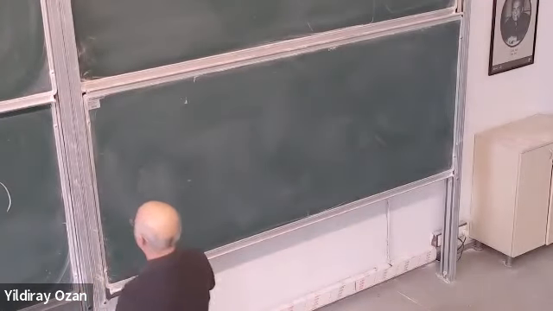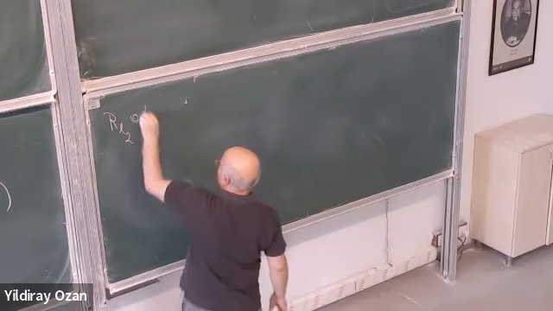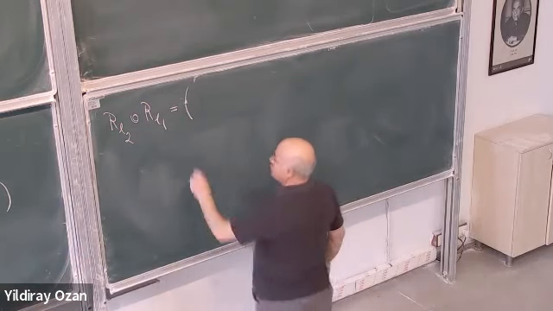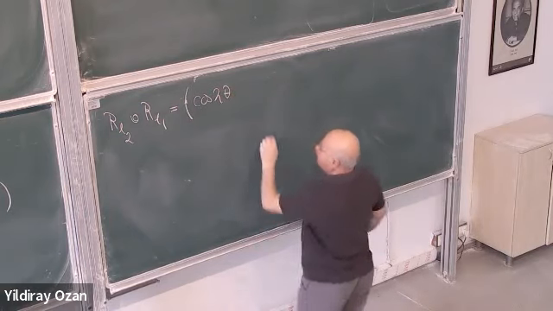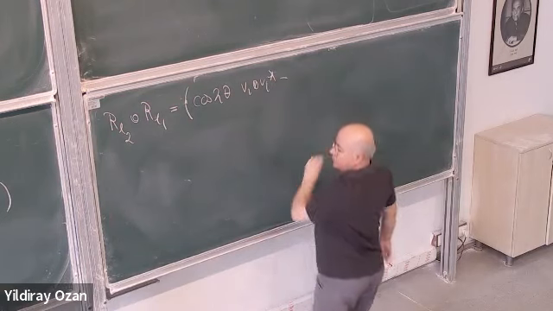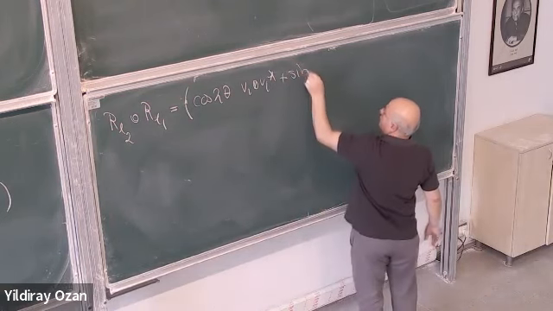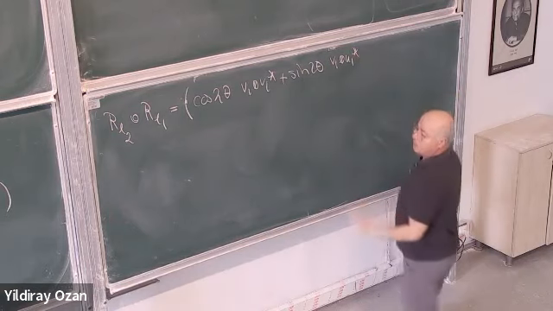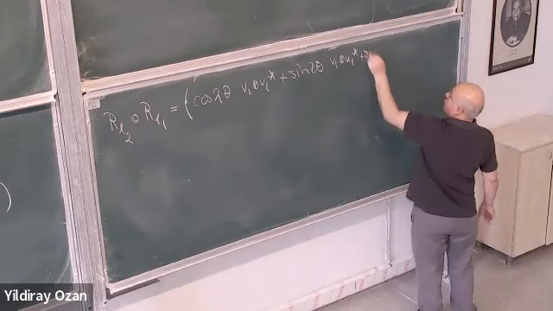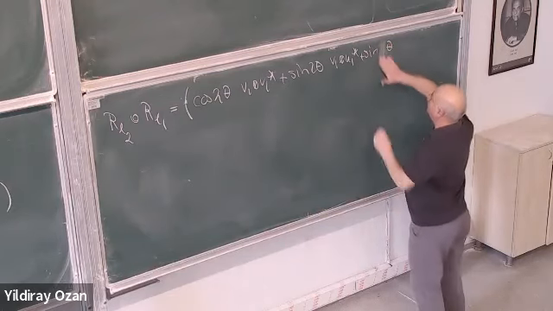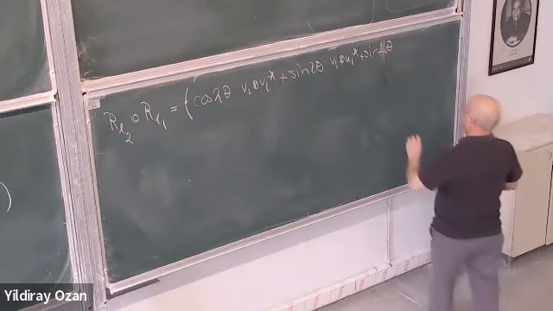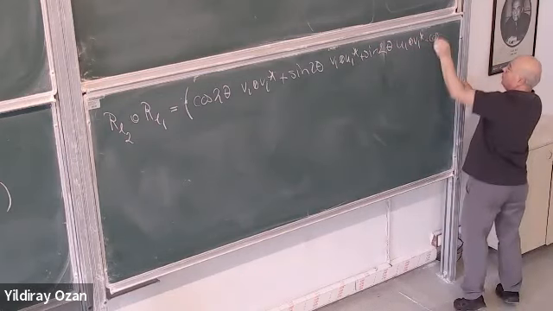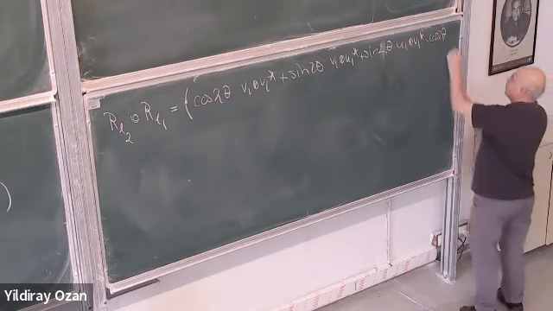Last step. RL2 composition RL1. RL2 is just cos 2 theta V1 tensor V1 star plus sine 2 theta V1 star plus sine 2 theta U1 V1 star and minus cosine 2 theta U1 star.